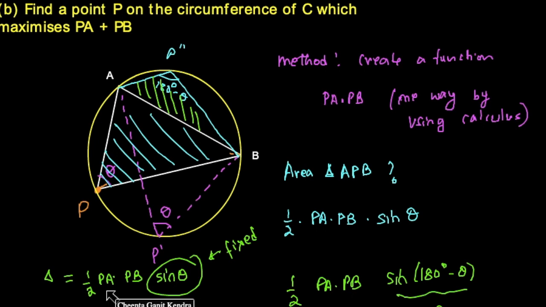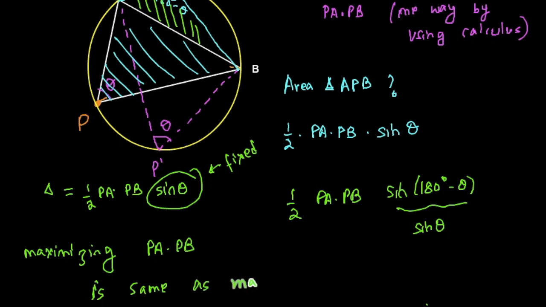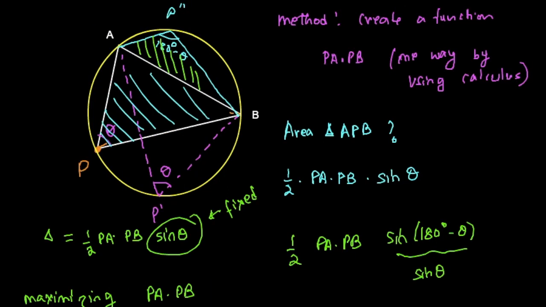So maximizing PA times PB is the same as maximizing the area of triangle APB. So we want to find out when the triangle APB is the maximum, at what position of the point P on the circumference.